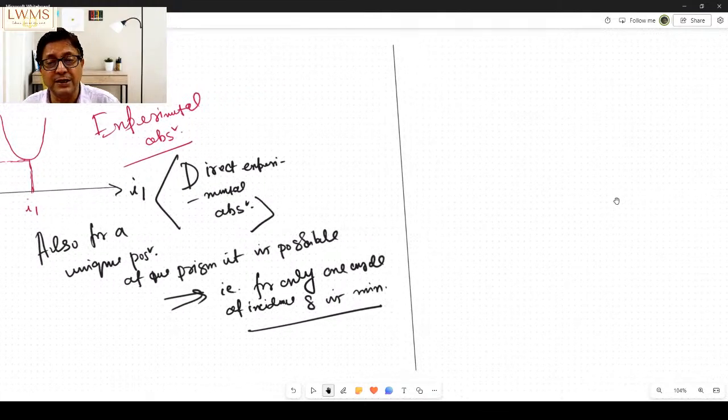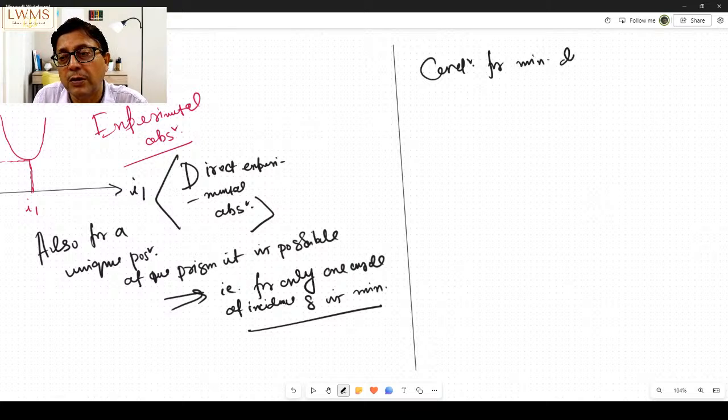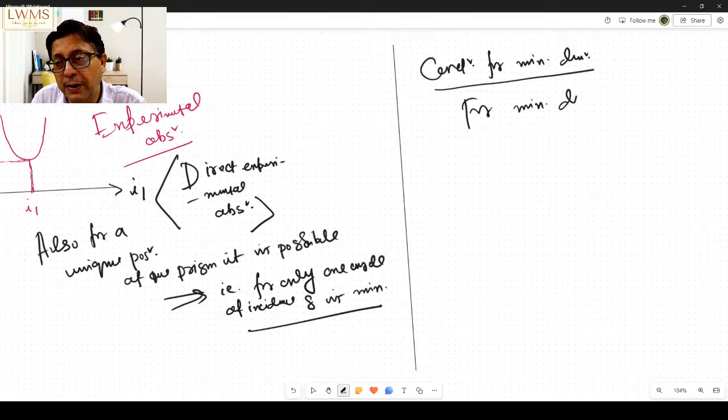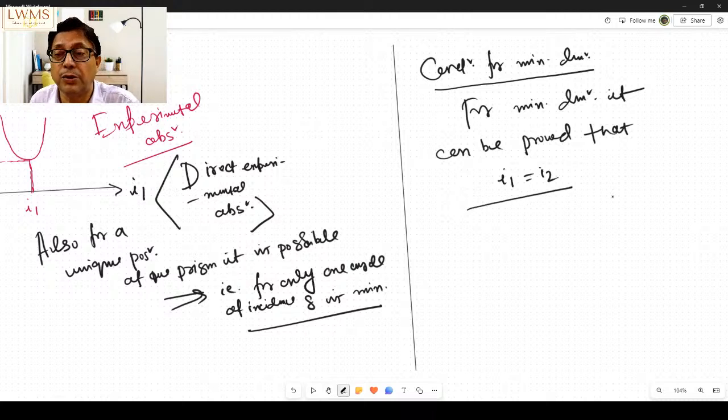We are going to find the condition for minimum deviation now. For minimum deviation, it can be proved that I1 equal to I2. Let us prove it.